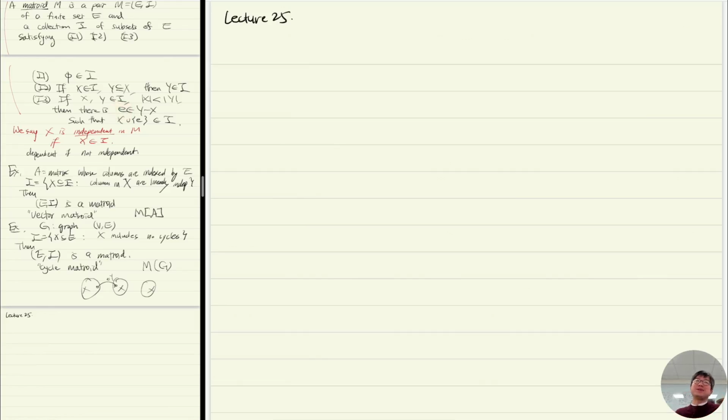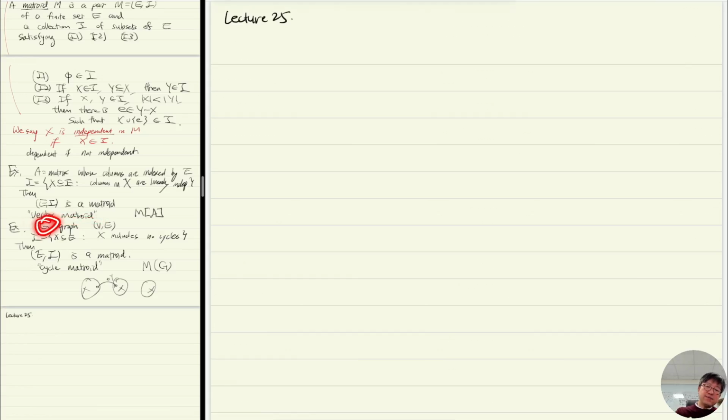And we say that a set contained in this I is independent. So this I is a collection of independent sets, precisely like linearly independent vectors. In fact, when you have a set of vectors, the collection of all linearly independent vectors forms a matroid, called a vector matroid.